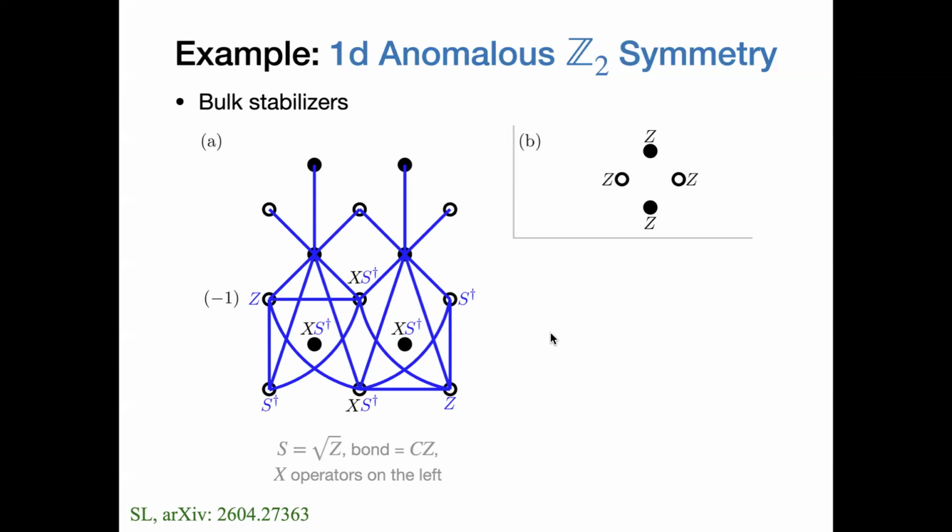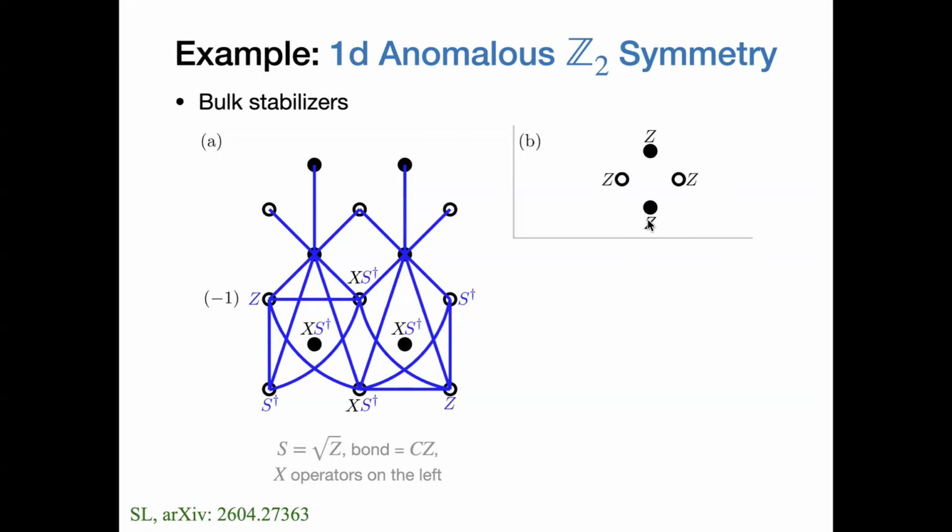These two are the bulk stabilizers. You can show that they commute, and the Hamiltonian is frustration free on the torus and has fourfold ground state degeneracy. Since one can show that this model is frustration free, we can use this stabilizer to simplify the other one.